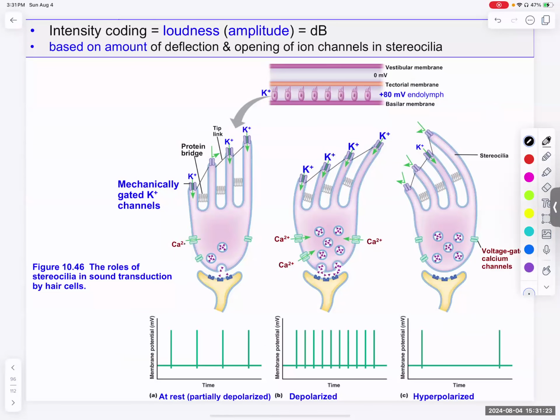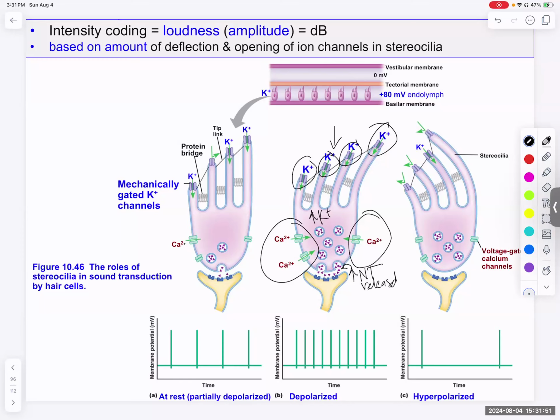How do we code for loudness? Well, it's how many action potentials are being generated. If it's really loud and there's a lot of energy and it stays bent and all 4 of these mechanically gated potassium channels open, there's a very high amount of potassium entered. These voltage gated calcium channels stay open for longer. There's more neurotransmitter being released, which results in more action potentials being generated.